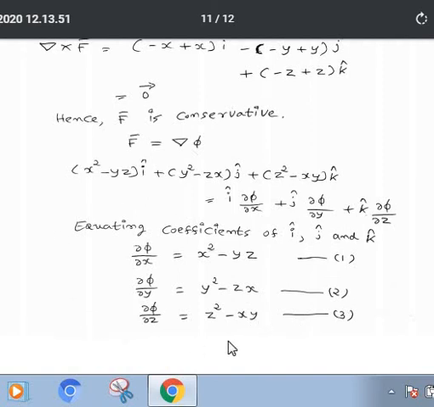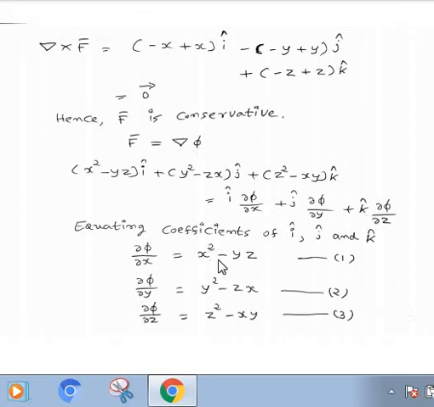With the help of these three equations, we will be in a position to find out the scalar potential function phi. So first of all, we will integrate equation 1 with respect to x. If you integrate the left hand side with respect to x, it will become phi. And the integration of x square, the result is x cubed by 3, and yz will be constant, so yz will be as it is, and consider 1 over here.